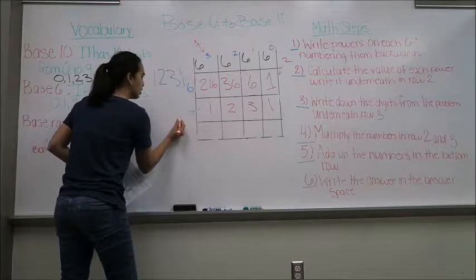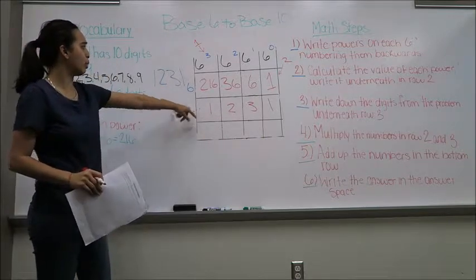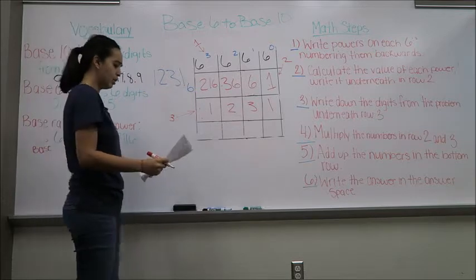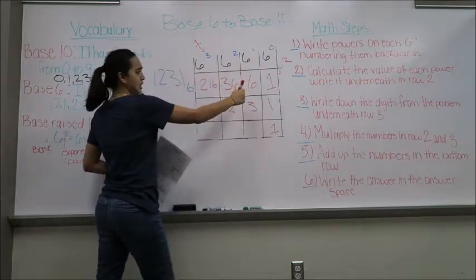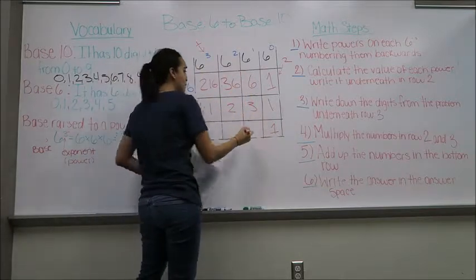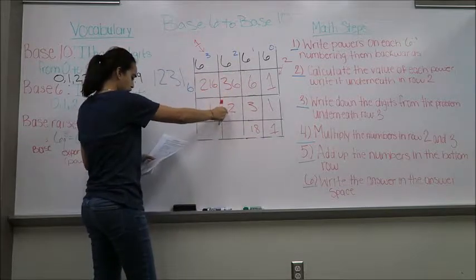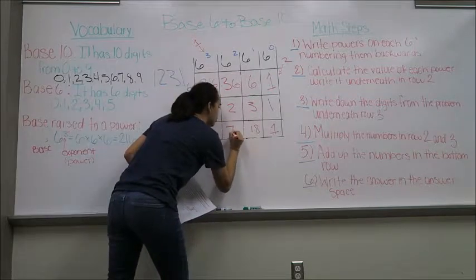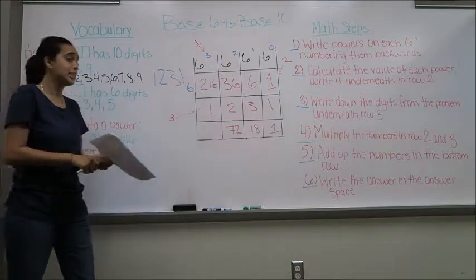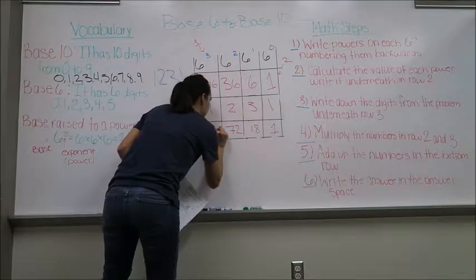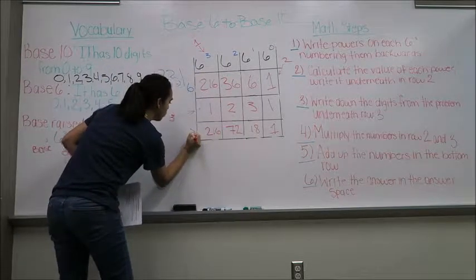Step 4, multiply the numbers in row 2 and in row 3. 1 times 1 is 1. 6 times 3 is 18. 18, correct. 36 times 2, 72. 216 times 1, anybody know that? 216. Correct, 216. That is step 4.